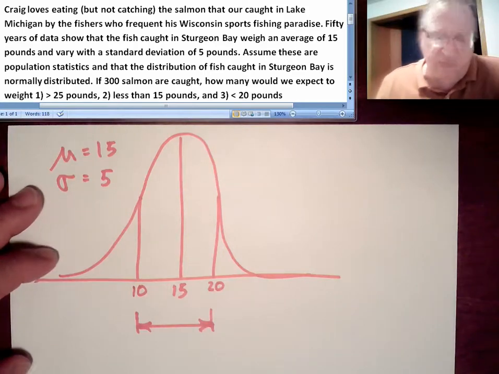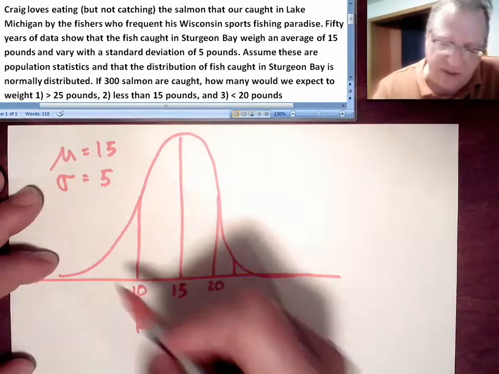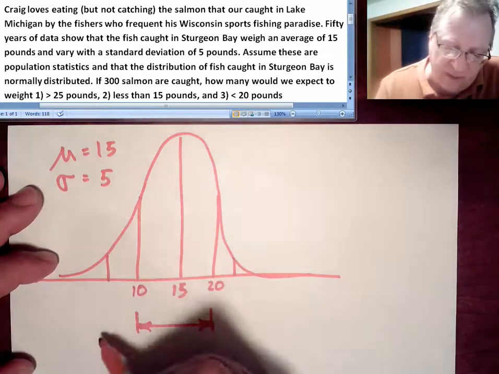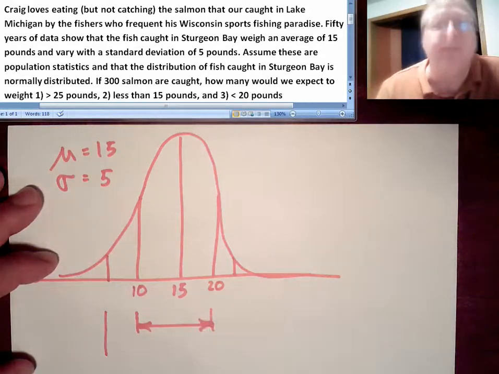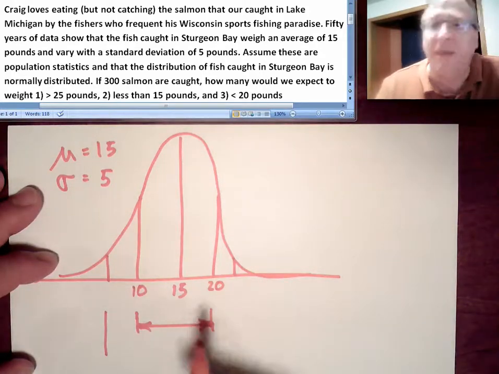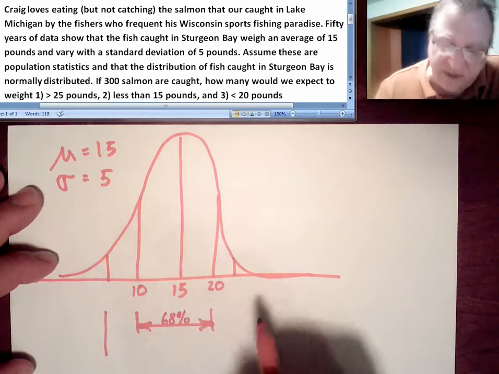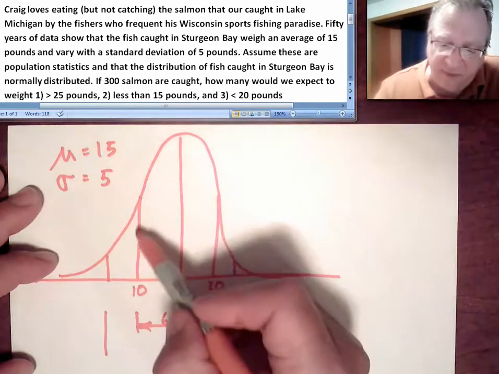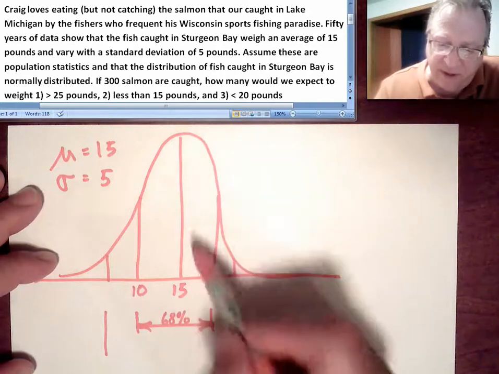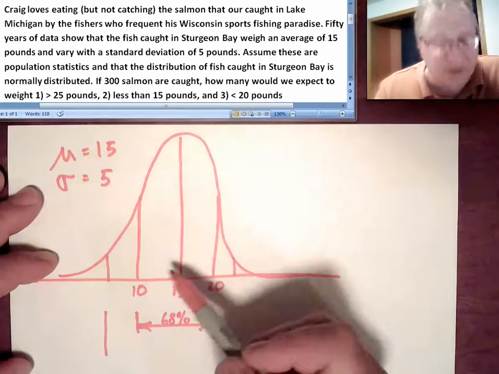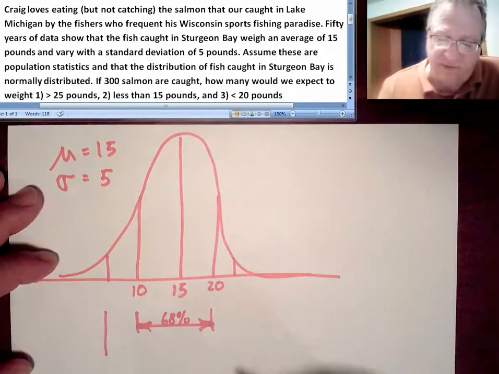And let's see, are we going to have to go out further? Yeah, we are. We know there's another one out here. Oh, wait a second, let's back up. Between plus and minus 1 standard deviation, we have 68% of the area. That's the area between these two, between plus and minus 1 standard deviation and under the curve.